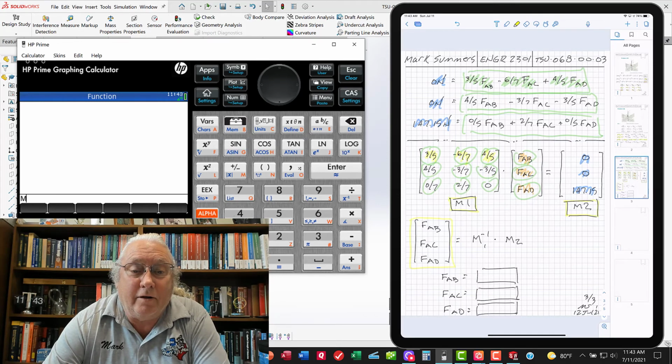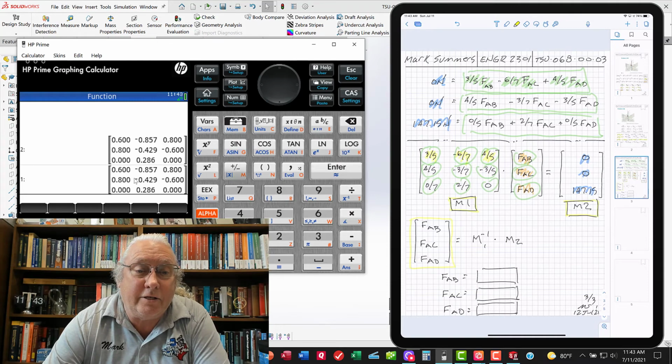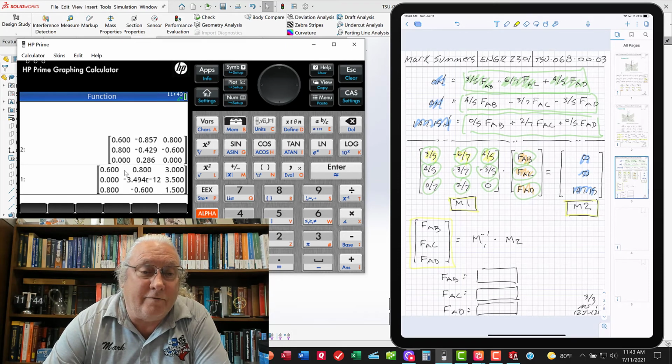Let me see if I can find the matrix I defined earlier. So there's M1. This matrix here is this matrix here: 3/5, minus 6/7, 4/5. You can see the rest of the numbers. What I want to do is invert this, so I'll hit enter to get it on the stack again. I'll say 1, enter, swap them, so 1 divided by this, and this will give me the inverse of M1.